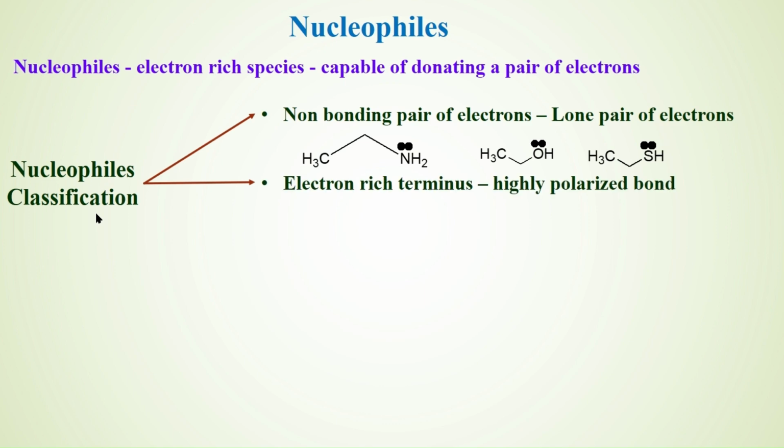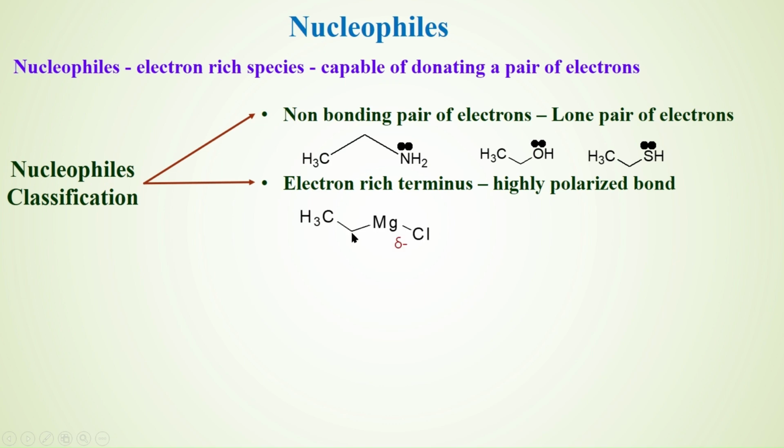The second set of nucleophiles are the electron-rich terminus of highly polarized species. These are compounds which have polarized bonds. How these polarized bonds are formed will be discussed in the future.